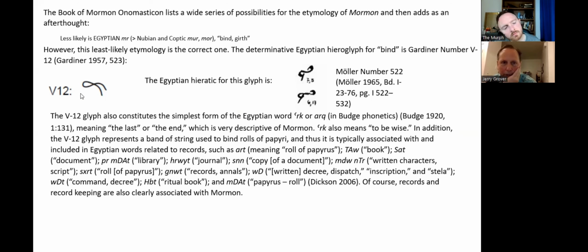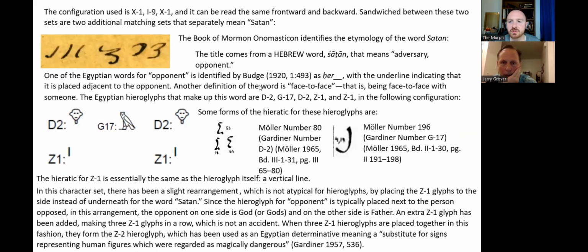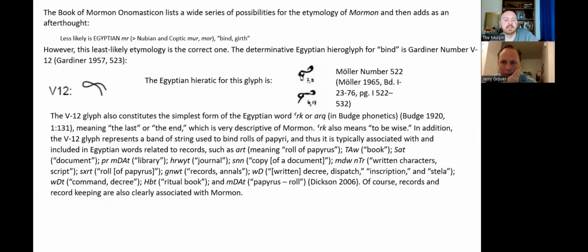You have this kind of curly Q there. Yeah, it's pretty close. Again, it's flipped, you have this thing to the right instead of on the left. The meaning for the word Mormon is bind or girth, and that is in Egyptian. It's hieratic, that glyph.